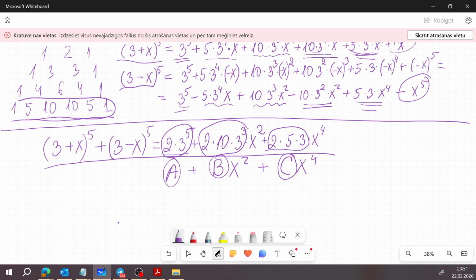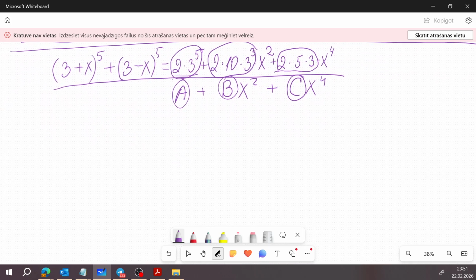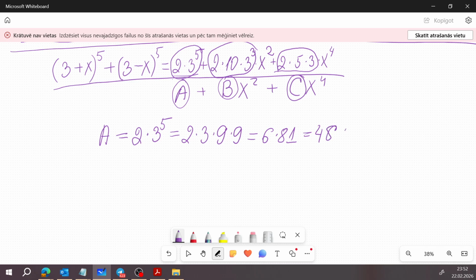If we want to find them, we need to have a equal to 2 times 3 to the power of 5. If we multiply that, it's going to be 2 times 3 times 9 times 9. It's going to be 6 times 81, and this is 486. So we have done a.